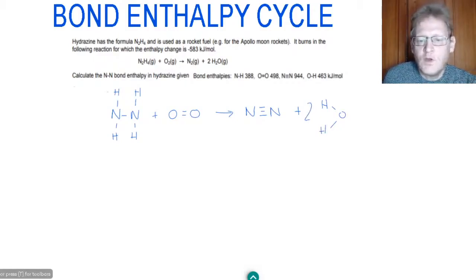So when we're given bond enthalpies, bond enthalpy is the energy required to break a mole of bonds and turn them into gaseous atoms.